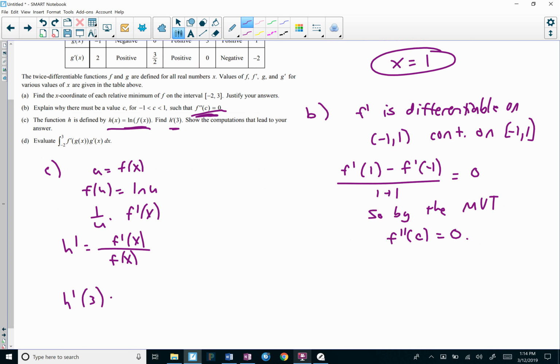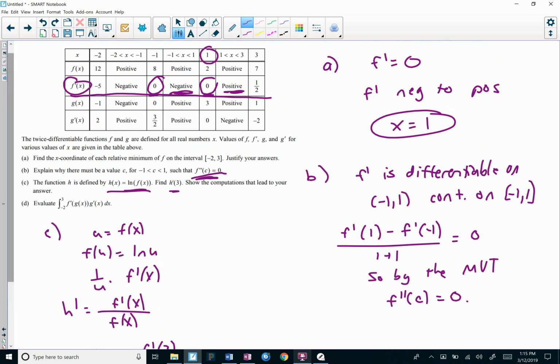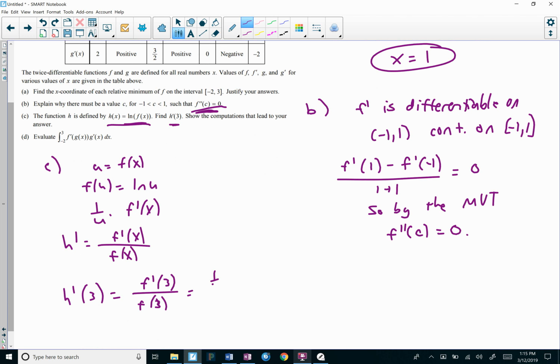So h prime of 3 is f prime of 3 all over f of 3. Okay, so let's look. f prime at 3 is 1/2. f of 3 is 7. So I have 1/2 over 7, which is 1/14. And that was worth 3 points. So I thought that was 3 points we could definitely get.